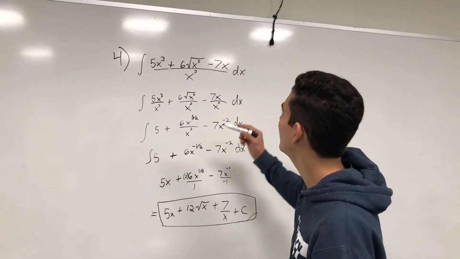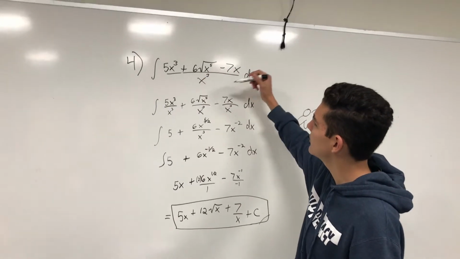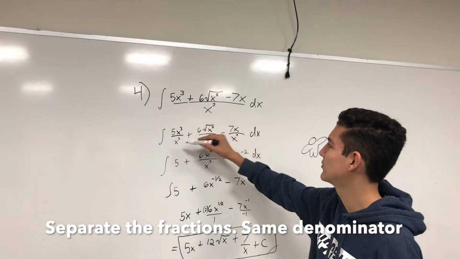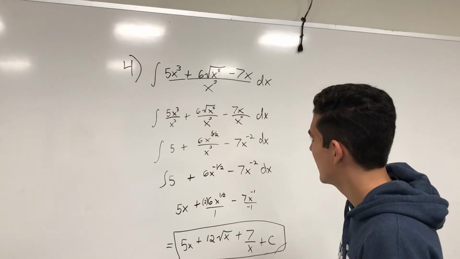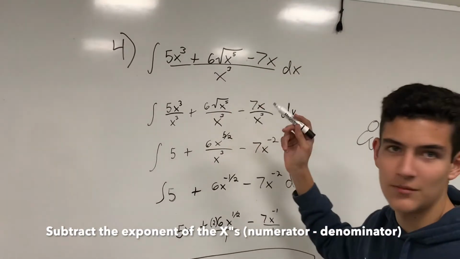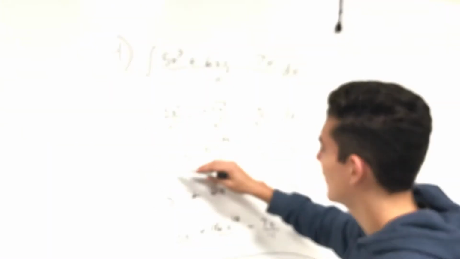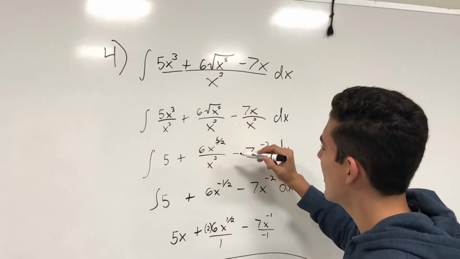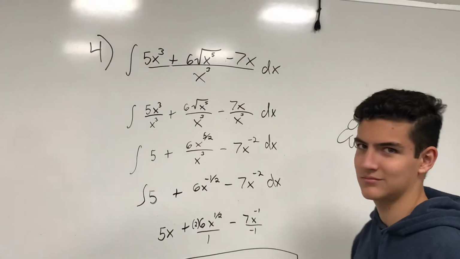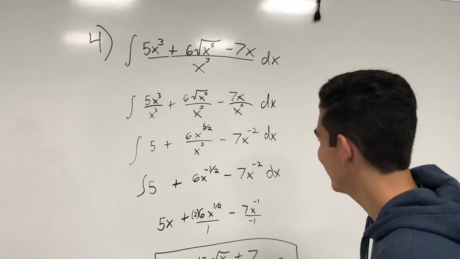Okay, for this problem, you got this fraction. You have to convert the fraction into 3 different fractions. From here, you gotta simplify. So you got 5 plus 6x to the 5 to the 1/2, yeah.